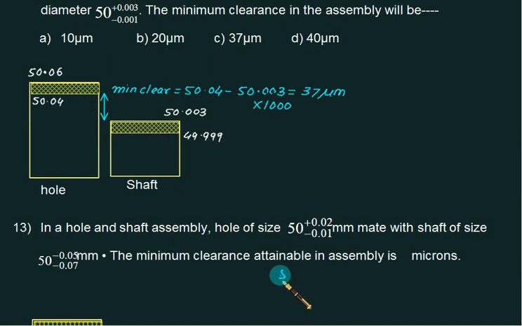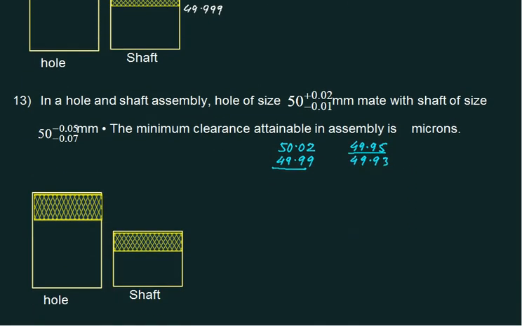Here we have 50 plus 0.02 and 50 minus 0.01 as the hole size. So 50.02 and 49.99, in between this your hole will vary. Whereas the shaft size is 49.95 and 49.93. It means that hole is always larger than shaft size. So we have a figure like this.